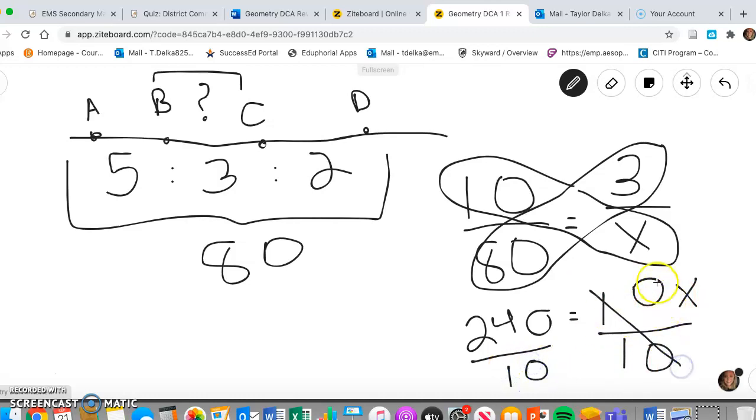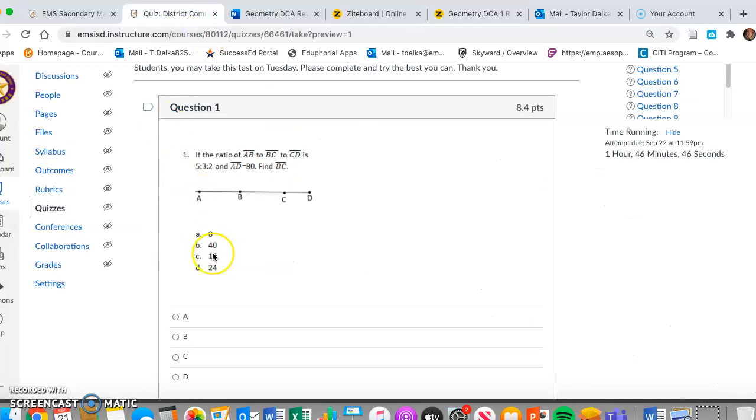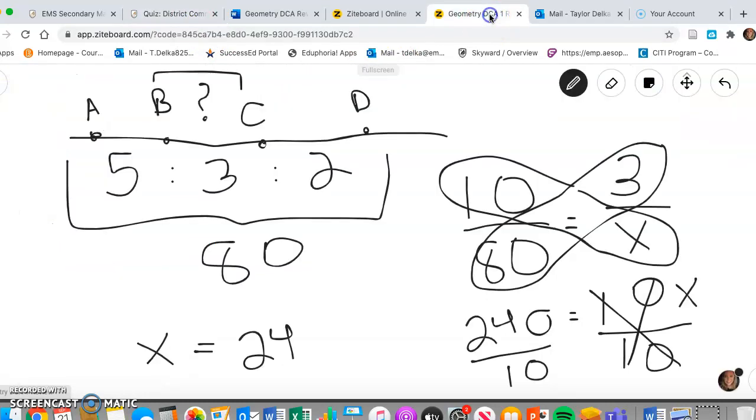This goes away, and I just get x, because right now x is all alone. It's right here. And then I do 240 divided by 10, which is just 24. So going back to that quiz, look, the answer D shows 24. So that would be how we would solve it, okay?